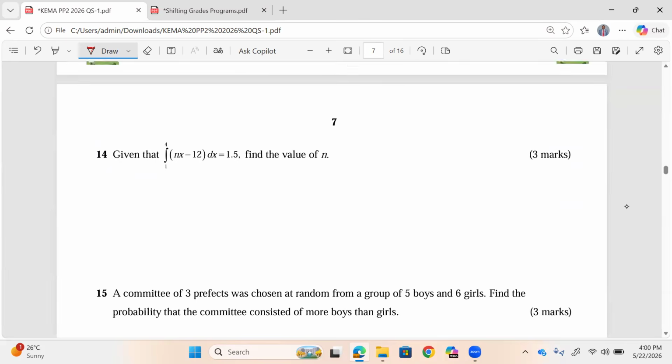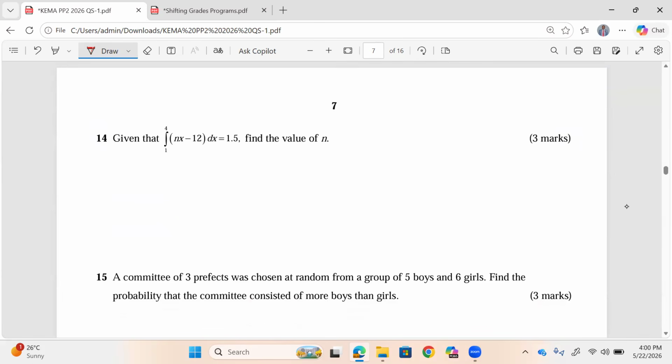Now in number 14, we're being told, given that the integral from 1 to 4 of (nx minus 12) with respect to x equals 1.5, find the value of n. When we start integrating this, because in the first case x is power 1, it takes up power 2 now, and the 2 divides everything.